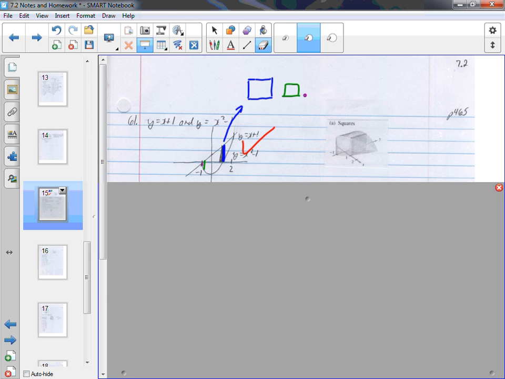The further apart the two graphs are, the bigger the cross section, and the more it sticks up off of your coordinate plane, right? It's hard to tell here, but right there would be an itty bitty little square. It doesn't stick up off your paper much.